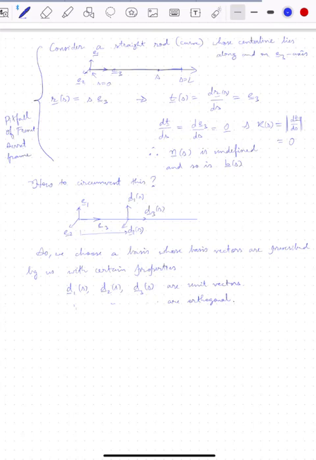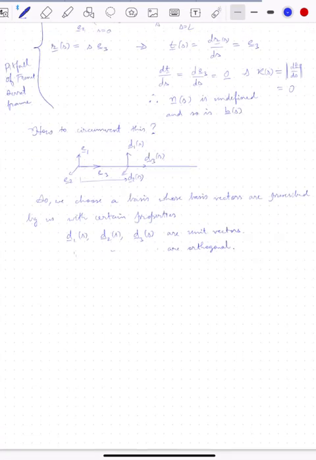So this is what we have done here. So here, di vector of S is equal to Ei, and i is equal to 1, 2, 3. So in this way, we're able to circumvent the problem that we'd encountered in the Frenet frame, right?